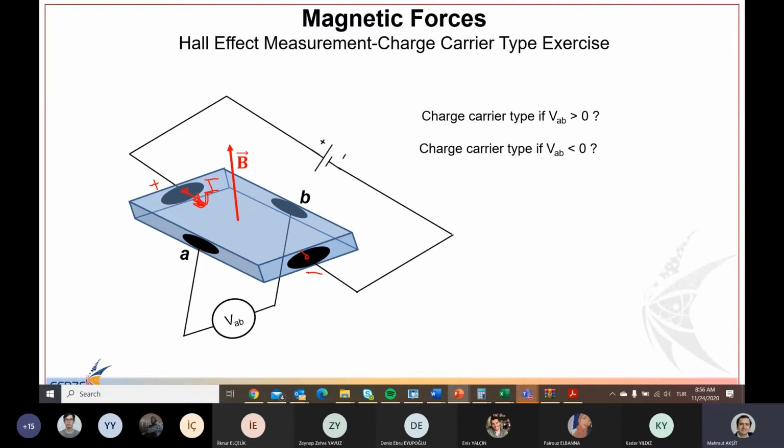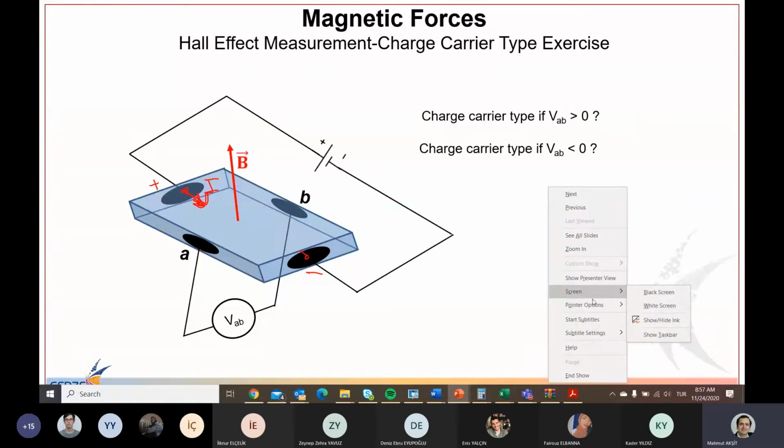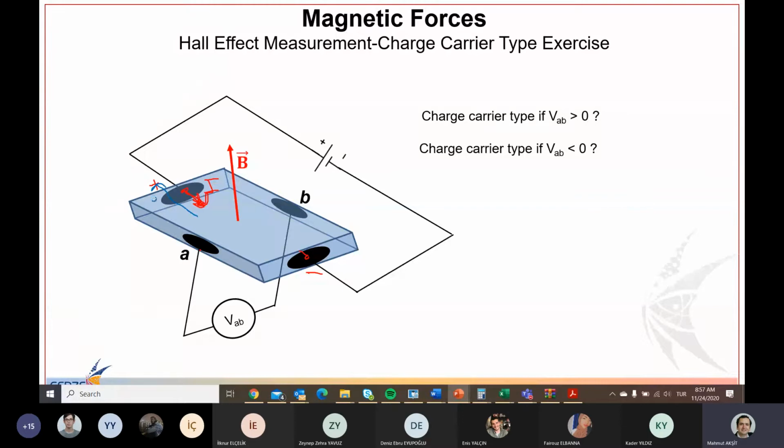So here's how it works. You use your right hand rule, okay? And you assume first, if they were electrons, you have magnetic field there. If they were electrons, the electrons would be flowing in this direction, right?